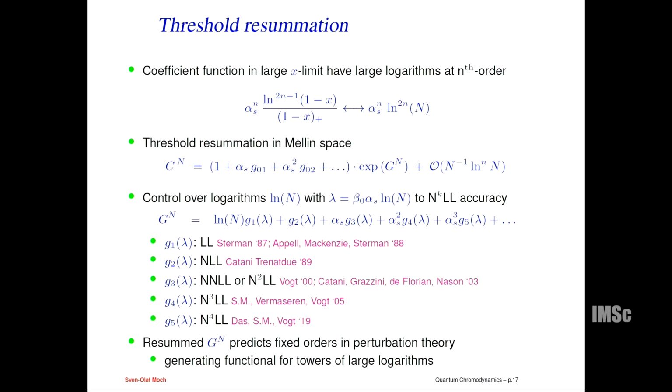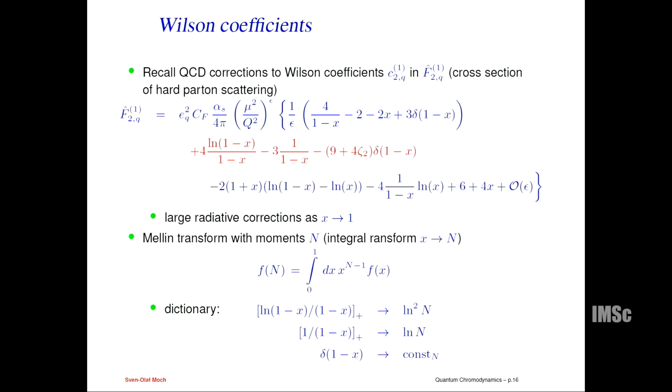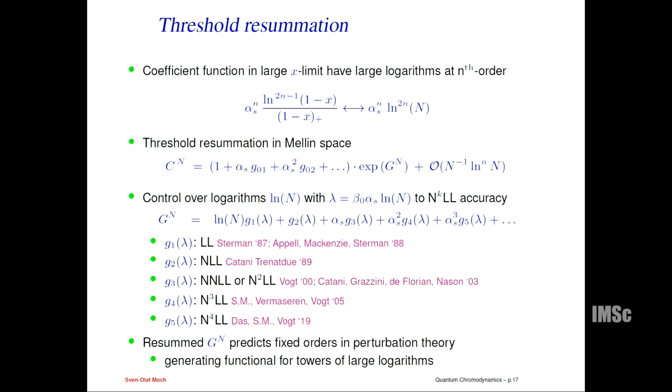Those are large Sudakov logarithms, and they appear systematically as a remnant of cancelling this collinear singularity. Once the collinear singularity is cancelled, the remnants are these double logarithms in n space, or large plus distributions in x space if you wish.